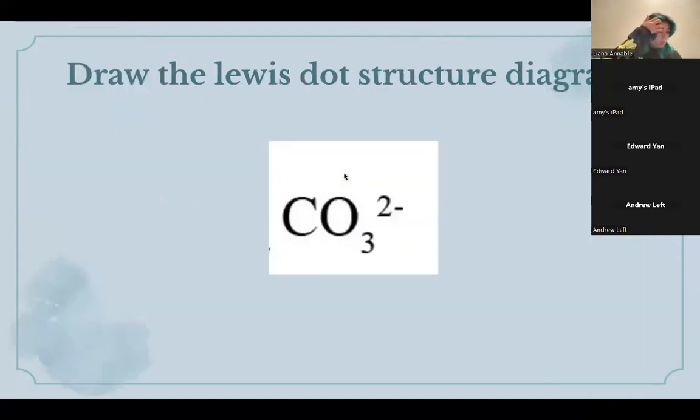Okay, next question. I'm gonna give you a little bit more time on this one. Basically, what is the Lewis dot structure for CO3 2 minus?